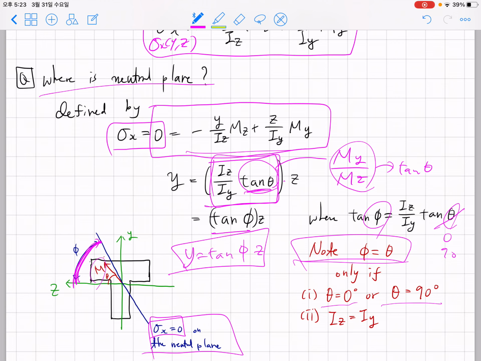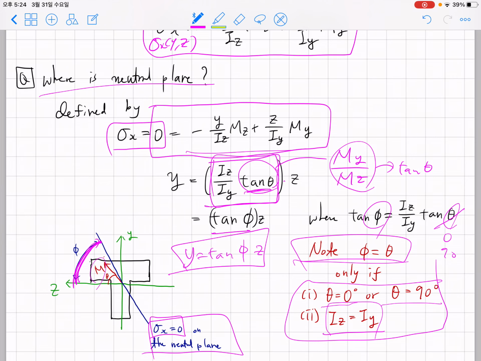Okay, or when Iz and Iy are equal to each other, even though your shape is not exactly a supersymmetric shape, you can have two integrals that happen to be equal to each other. Okay, so other than these two cases, you can expect that your moment vector M and the neutral plane will not correspond to each other.